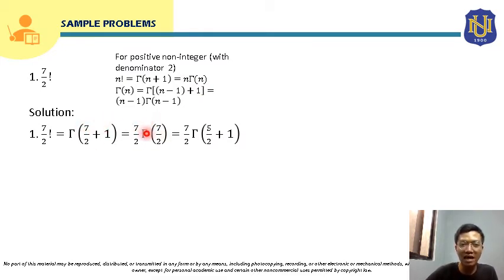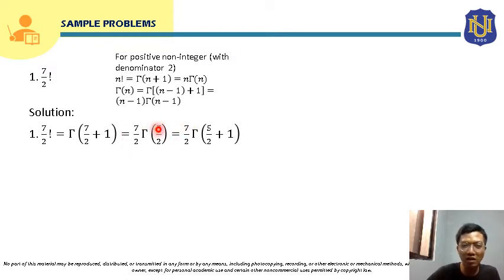After that, we can rewrite this gamma n. So this is gamma n, and we will rewrite it this way. We will rewrite gamma of 7 halves here. Of course, we have to include this also, so that will be 7 halves.